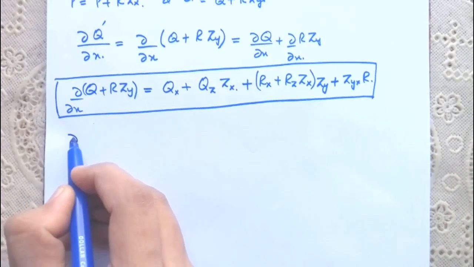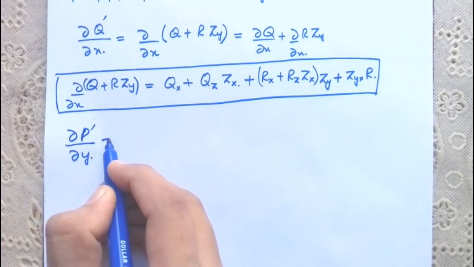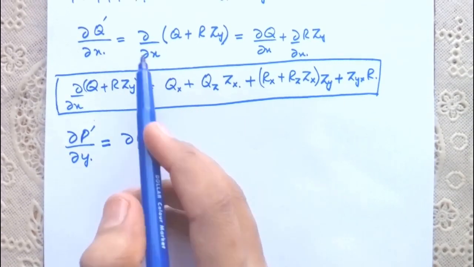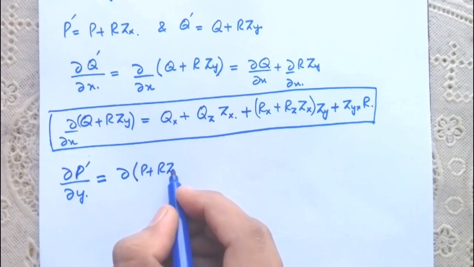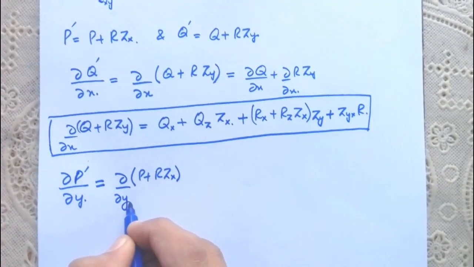Now partial of p dash with respect to y, where p dash is equal to p plus r zx, over dy.